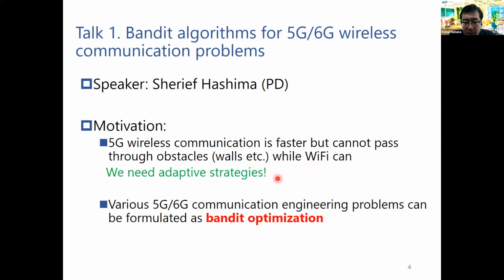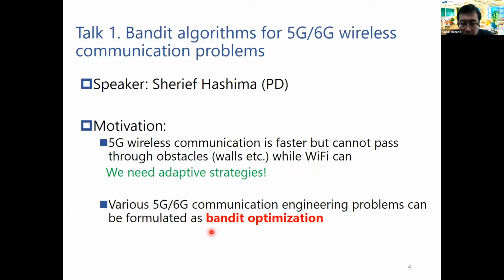So we need more adaptive strategies for environment changes. There are actually various communication engineering problems that can be formulated as bandit optimization. That's how bandit techniques come in. He will introduce several methods and problems.